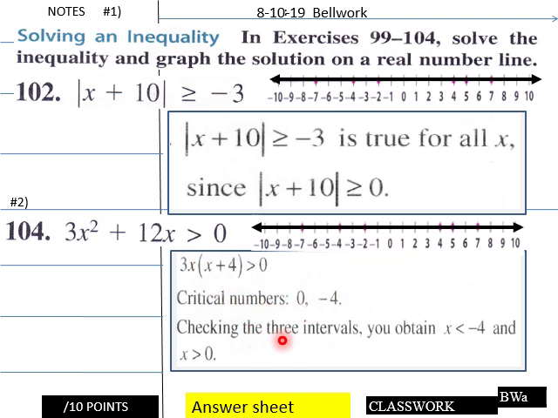Then checking the 3 intervals, you obtain x is less than negative 4, so it'll be on this side of negative 4, and x greater than 0, so anything greater than 0 and less than negative 4 would make this a true statement. And here would be the graph of the solution set for this inequality.